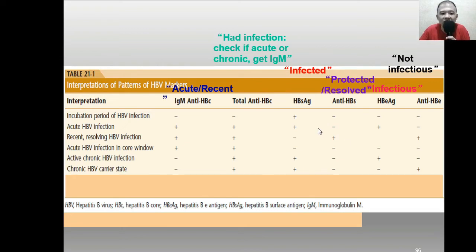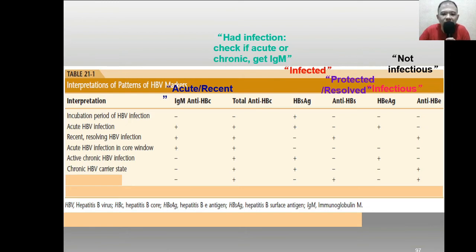We will see it later in the chronic HBV. Okay, so we see different phases also. The carrier is not infectious, but still has the Hep B surface antigen, the virus itself, but not infectious.